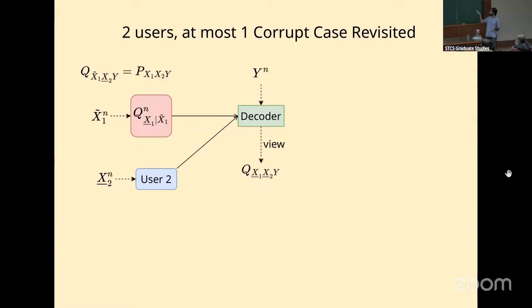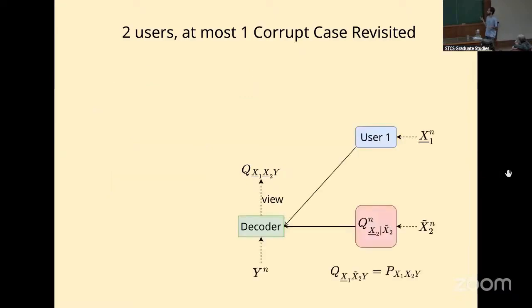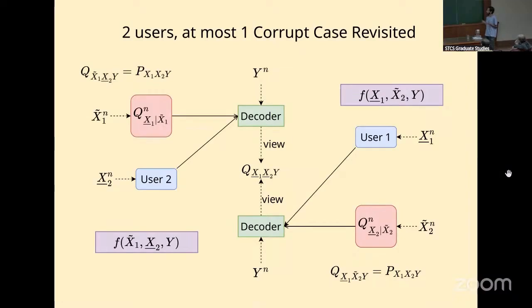And it generates this distribution Q of x1 bar, x2 bar, y. And think of another scenario where party 2 is corrupt, but party 1 is honest, and it generates the same distribution. When you have this same view distribution, it is impossible to figure out which world it was coming from.